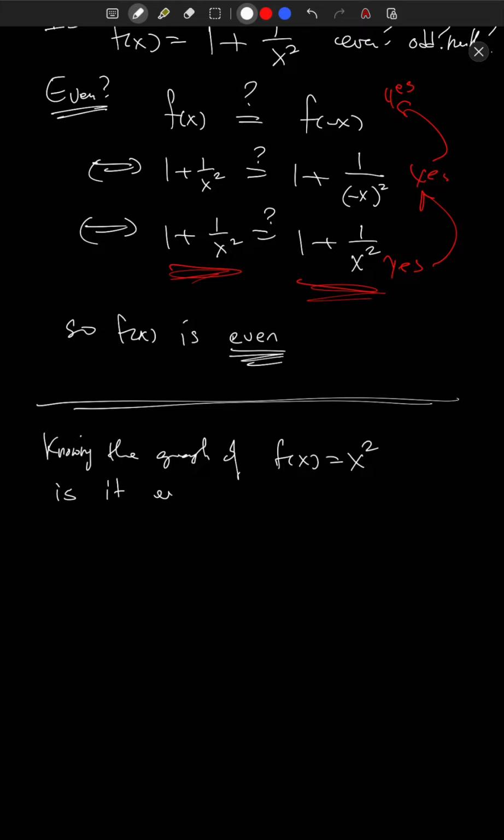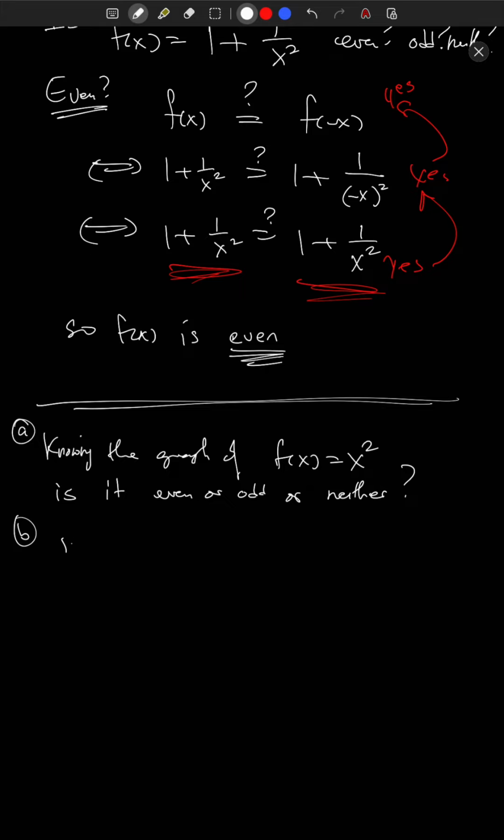Is it even or odd or neither? So that's the first question. Let me call this part A. So just from the picture, right? Without doing any algebra, just from the picture. Okay. All right.